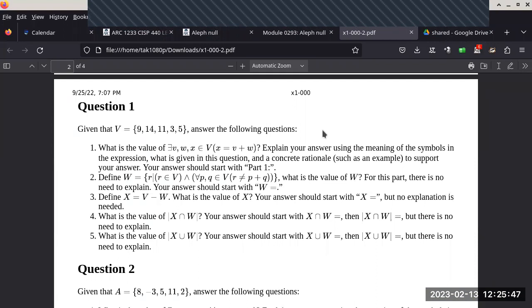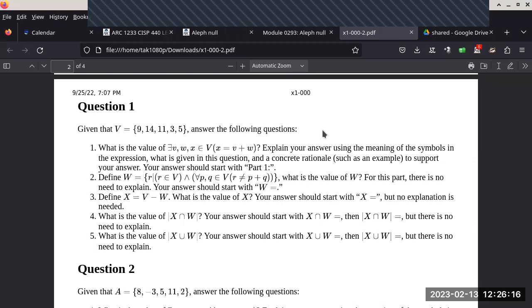What it really is asking is, can we find 3 values, or potentially 1, for the variables v, w, x such that they're all elements of uppercase V, which is the set, such that lowercase x equals lowercase v plus lowercase w? And the answer is, well, let's see. 14 is 11 plus 3, right?